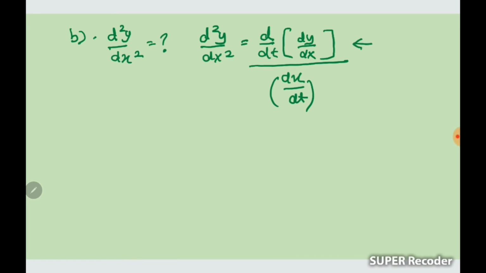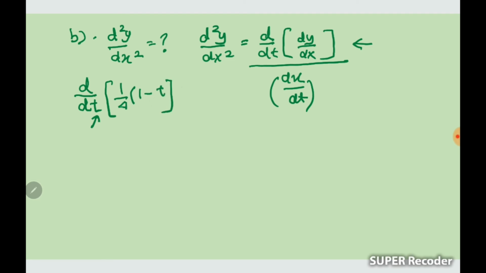Okay, so now firstly here you need to differentiate with respect to t dy dx. Just now you already showed what is the value for dy dx, so you need to differentiate it with respect to t. So I will substitute the value of dy dx inside the bracket, that is 1 over 4 times 1 minus t.